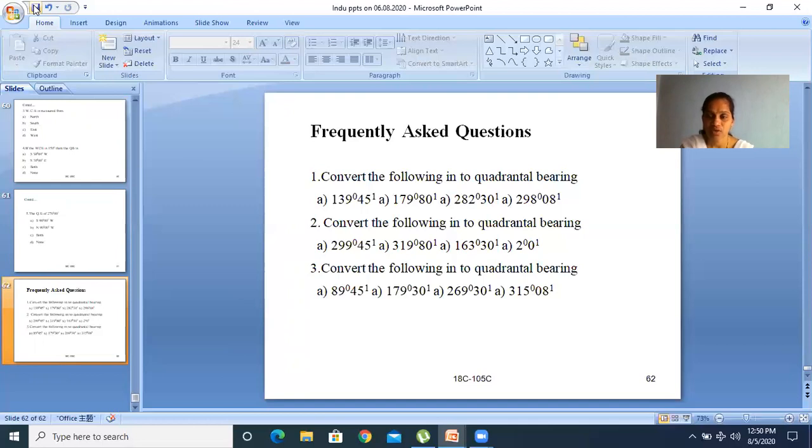And also remember the directions: first quadrant northeast, second quadrant southeast, third quadrant southwest, and fourth quadrant northwest. If you remember these three things, then you can easily convert from one system to another system.